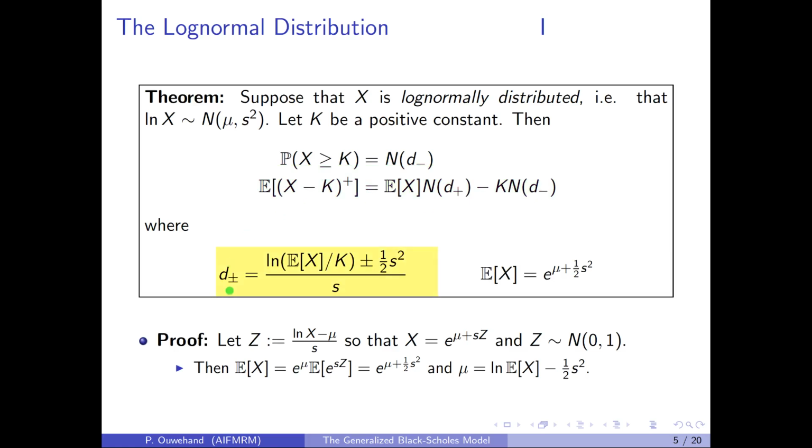Here d plus and minus are given as follows. d plus has a plus sign, d minus has a minus sign. And the expected value of X is given by a moment generating function argument over here as e to the mu plus a half s squared.